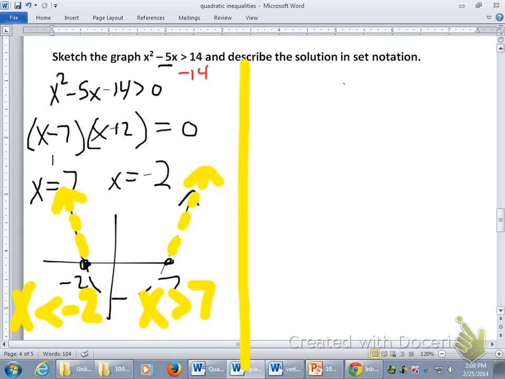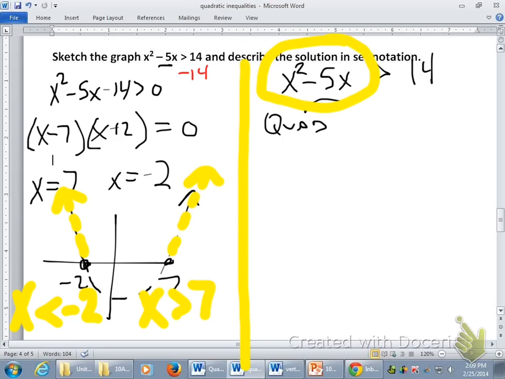This is trying to tell me when is x squared minus 5x bigger than 14. X squared minus 5x is a quadratic graph. Do you recognize it? Forget about the whole thing. That's a quadratic graph all by itself, isn't it? It's a U-shaped graph. I could totally graph this.